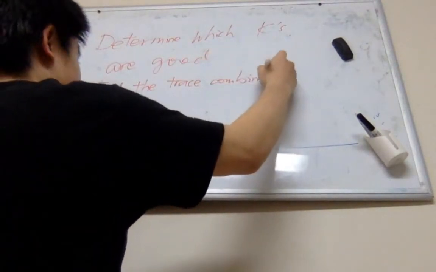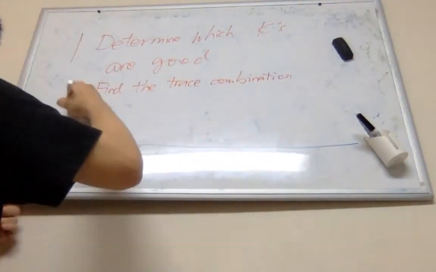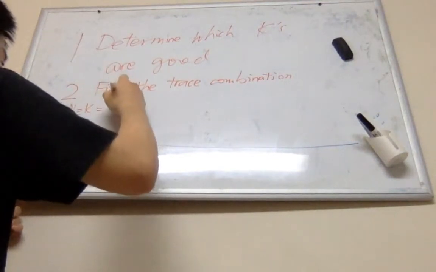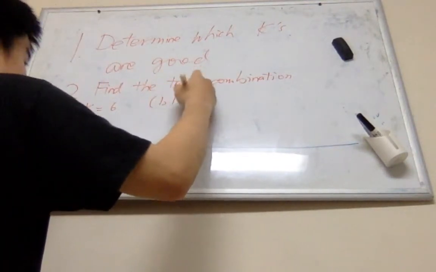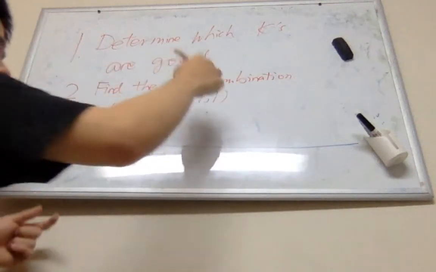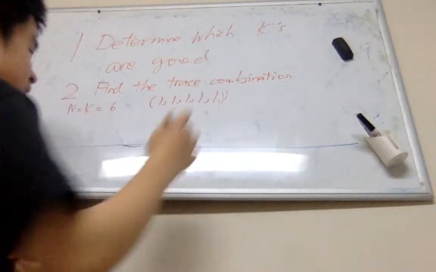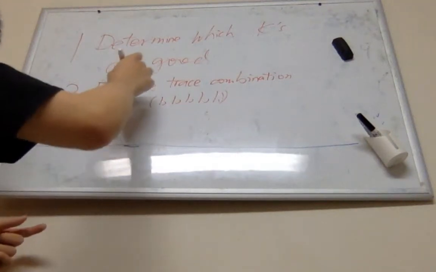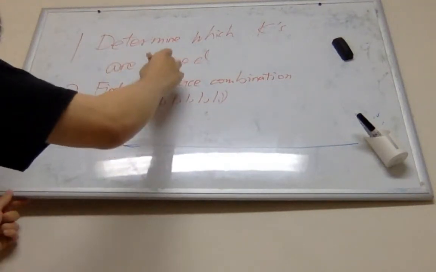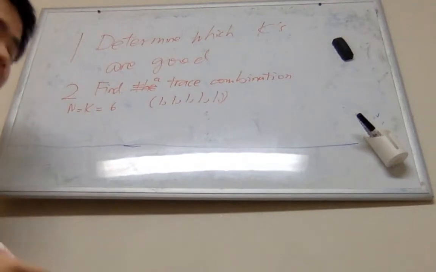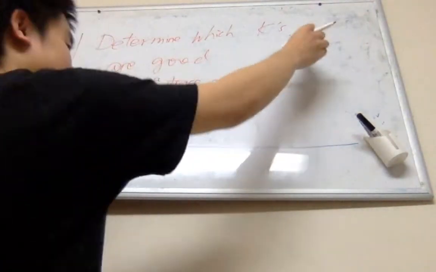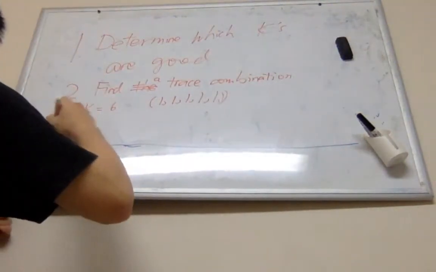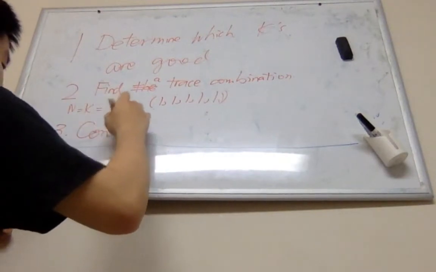When I say trace combination, it means that if, let's say, n equals k equals 6, then your trace has to be 1, 1, 1, 1, 1, 1. That's the only possible combination. It's actually not the only solution, but we want to find it such that our job later will be as simple as possible. And the third one is to construct.